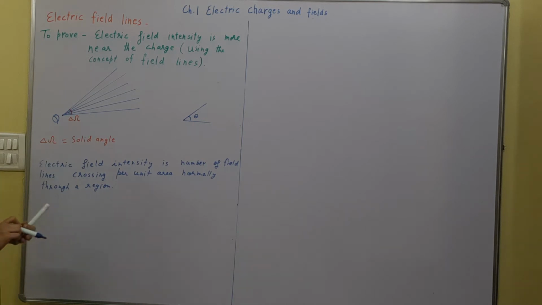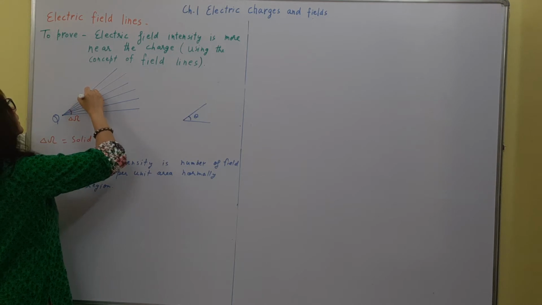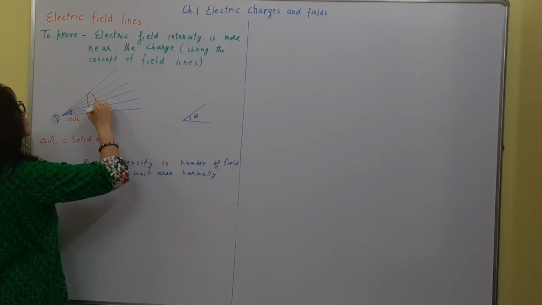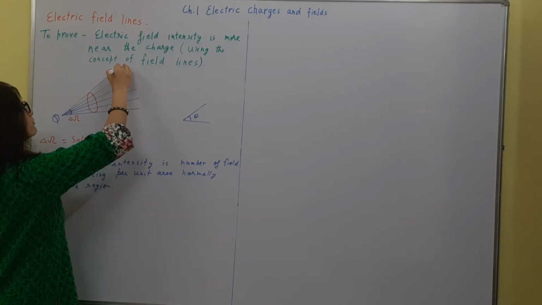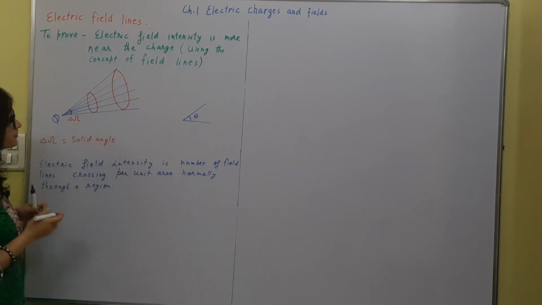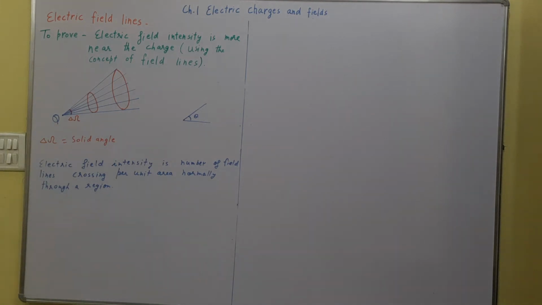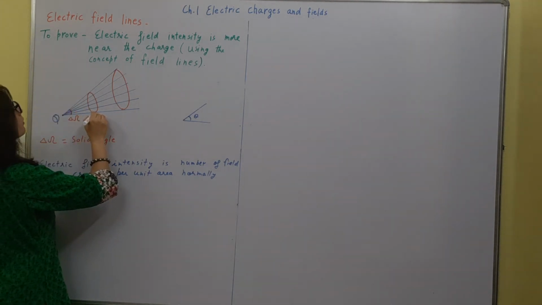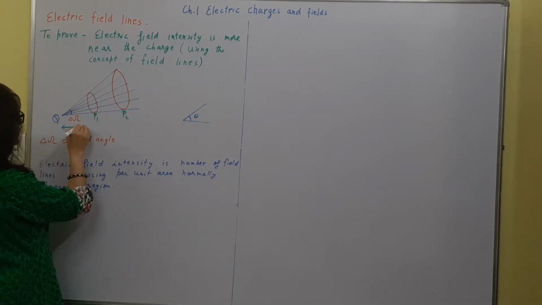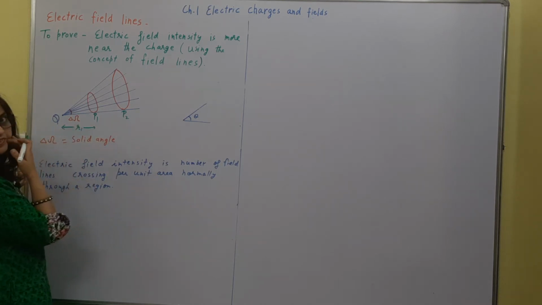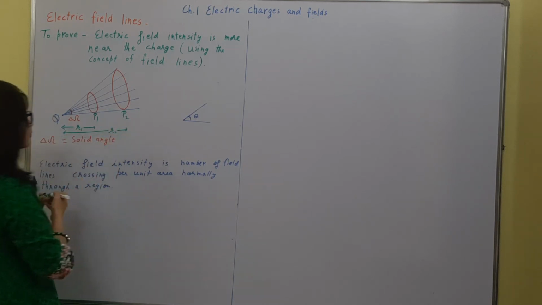So this way, if I consider an area which is closer to this charge and an area which is away from this charge like this, right? I consider this point as P1, this point as P2, and I'm considering that the distance of point P1 is R1, the distance of point P2 is R2.